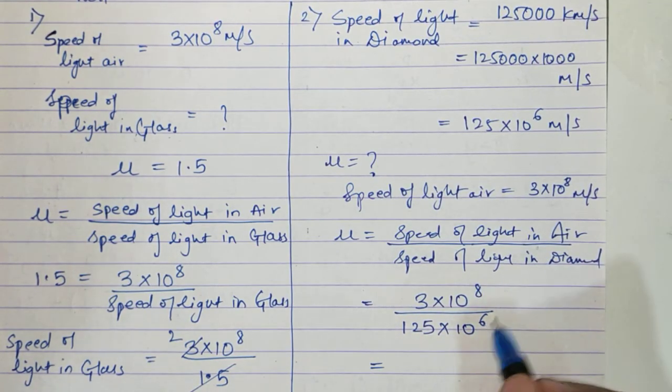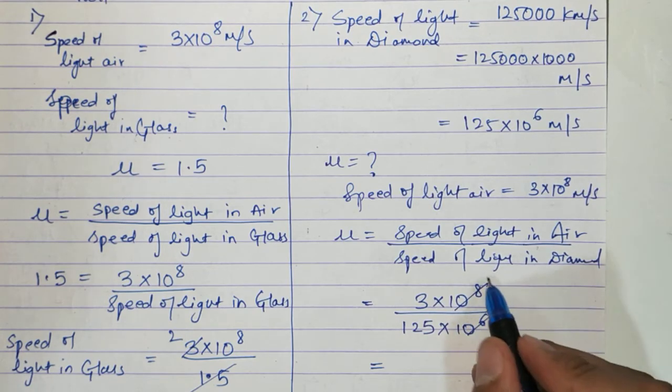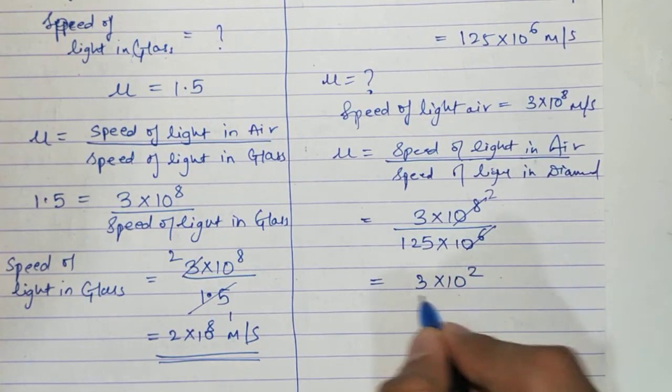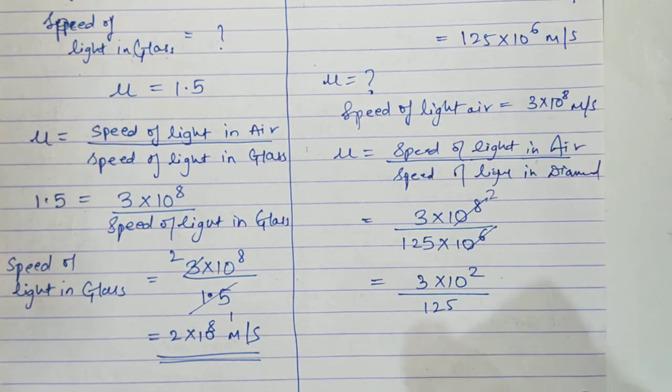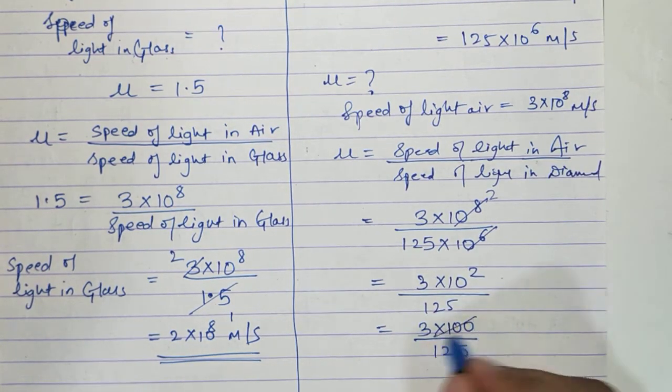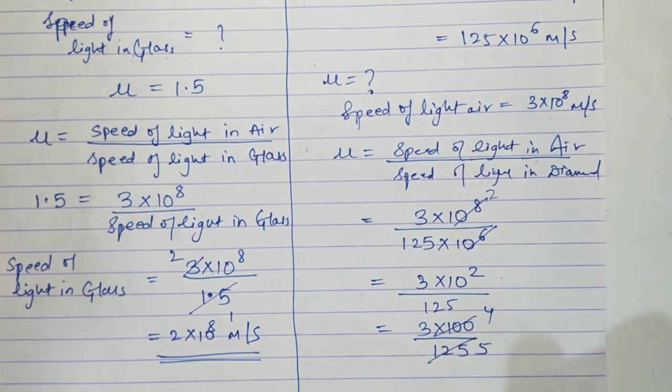Now this is 6 and 8, so this will cancel and 2 will remain here. So this is 3 into 10 raised to 2 upon 125. 10 raised to 2 means 100. So 3 into 100 upon 125. Cancel this: 25 fours are 100, 25 fives are 125.